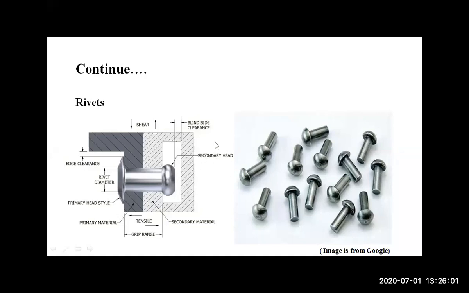We are providing a secondary head here. This head we make at site. Simply we insert this rivet in the particular hole, and we hammer from top and bottom, and then this secondary head will be formed.